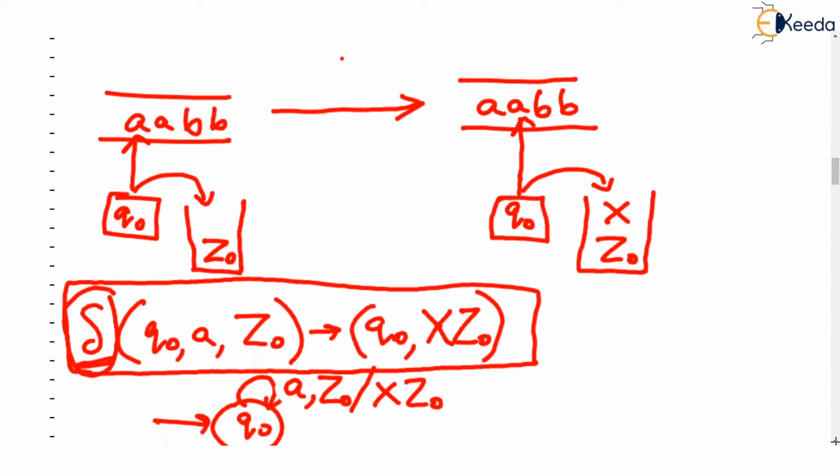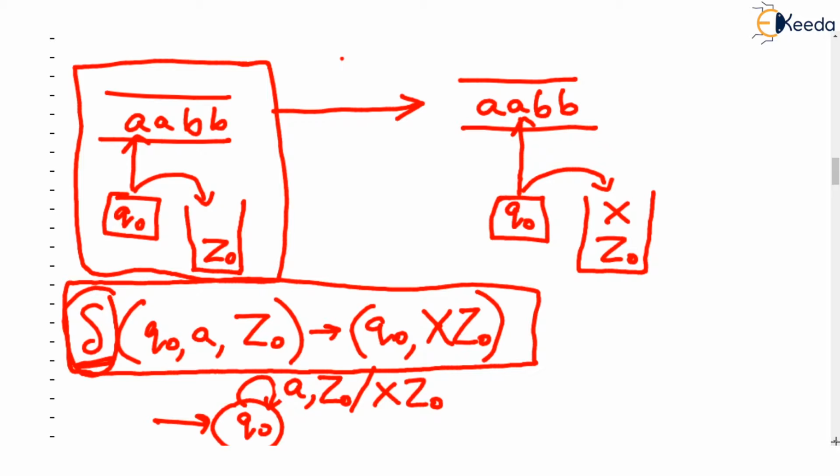So just imagine that block diagram of PDA, and currently you observe PDA is having this configuration. What is that? See this read head. Read head is currently at symbol A. So PDA is going to read symbol A from the input tape. And currently PDA is in state Q0.